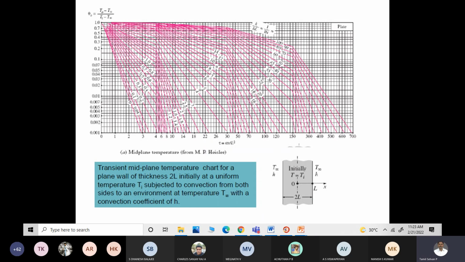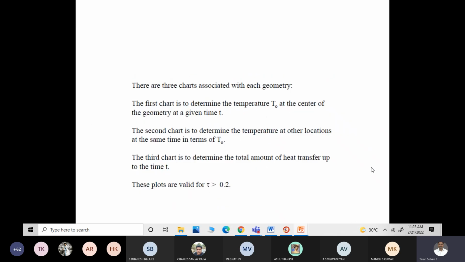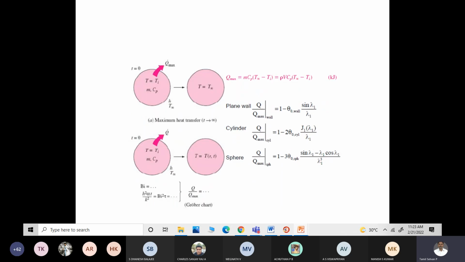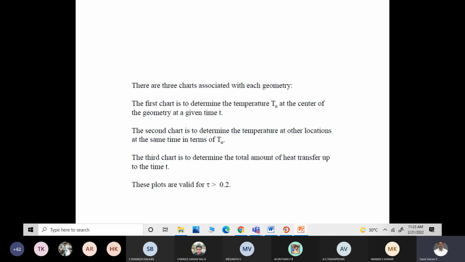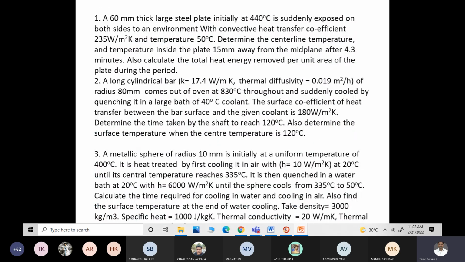The mid-plane temperature also you will find, or the temperature of a body at certain points, whether it is a solid flat plate, a cylinder, or a sphere. Depending upon it, you have to refer to the chart and do it.